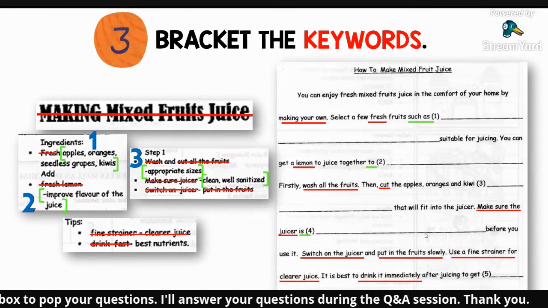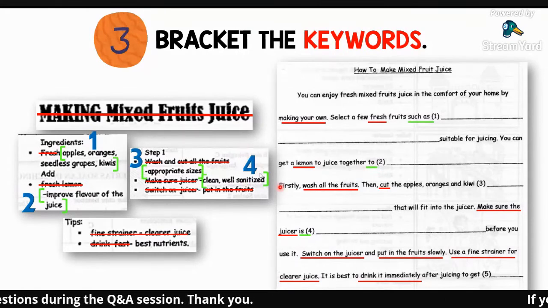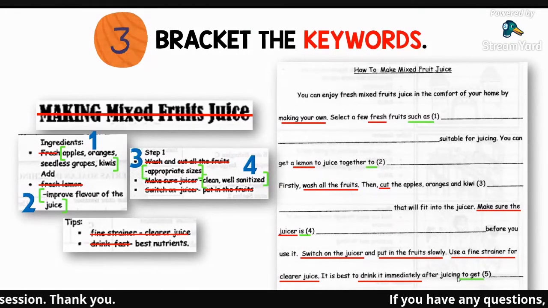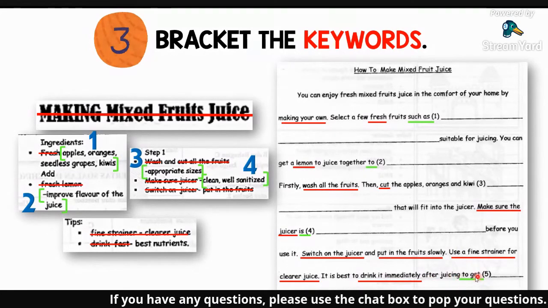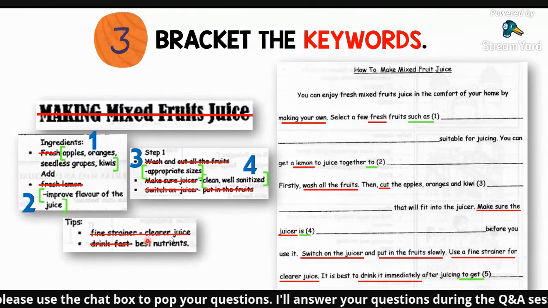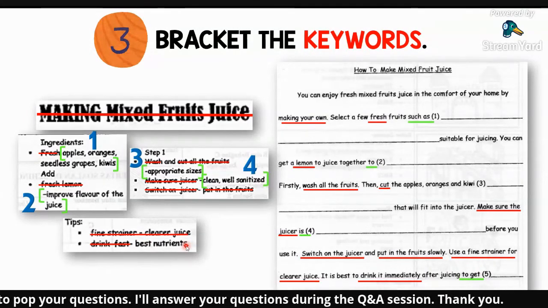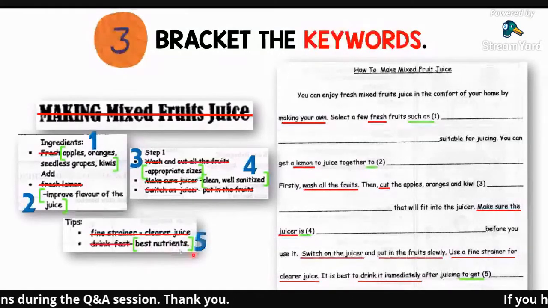See, this is getting easier, right? And don't forget your number. Number 4. The last one would be, it is best to drink it immediately after juicing to get. To get what? So to get best nutrients. That will be for number 5.